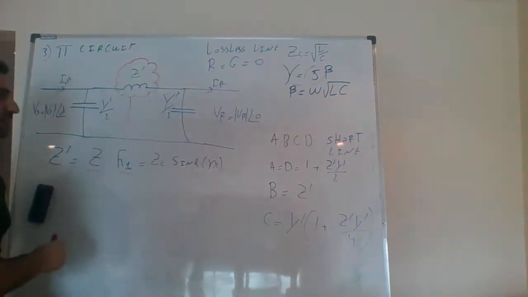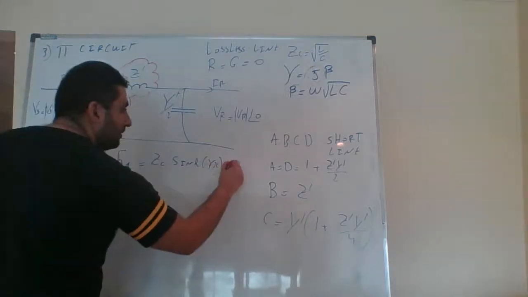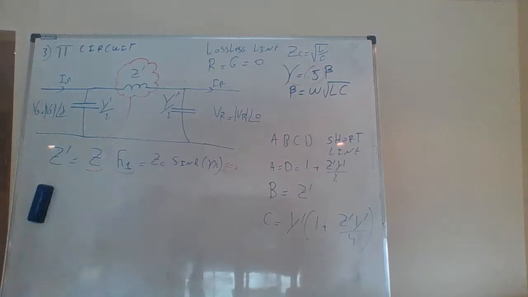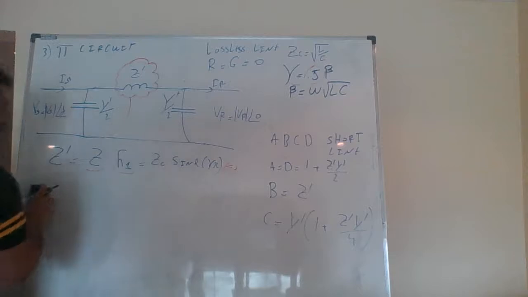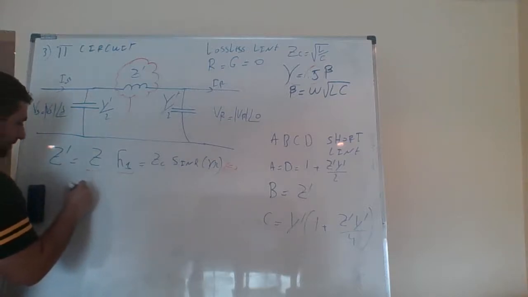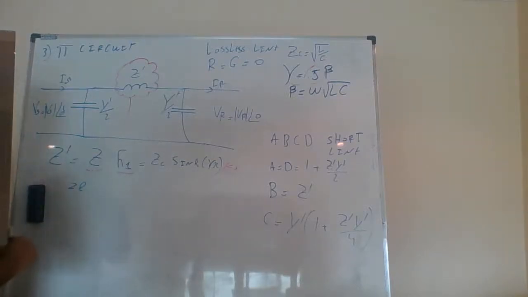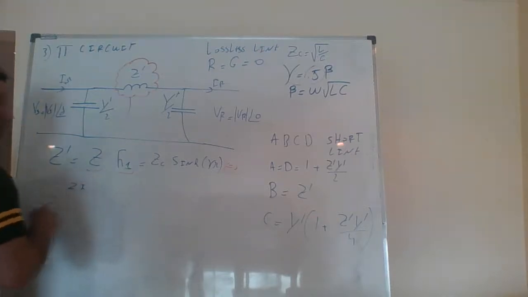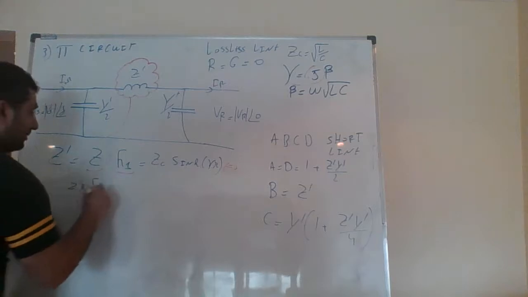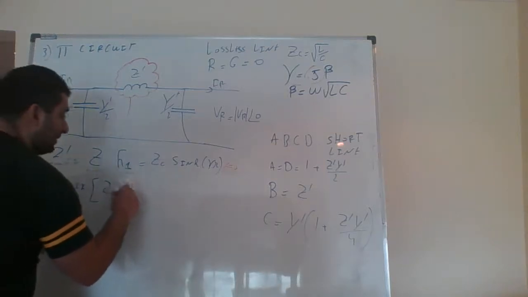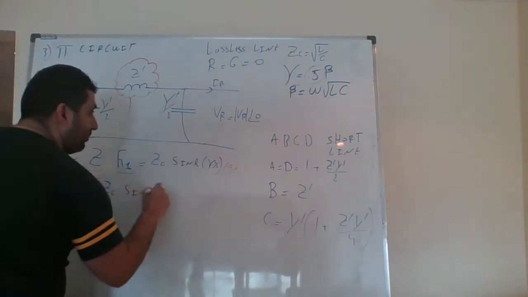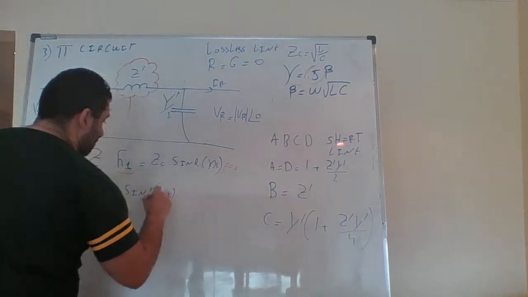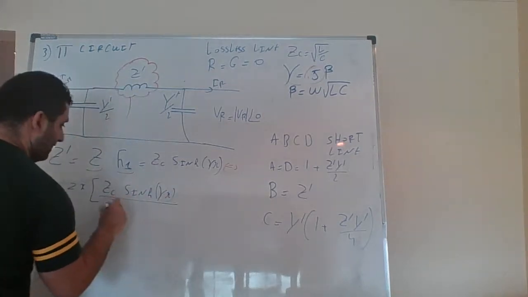I can say that Z dash will be equal to z times the length, let's keep it x as we put x, zx, multiplied by ZC sine hyperbolic x, and then I will divide by zx.